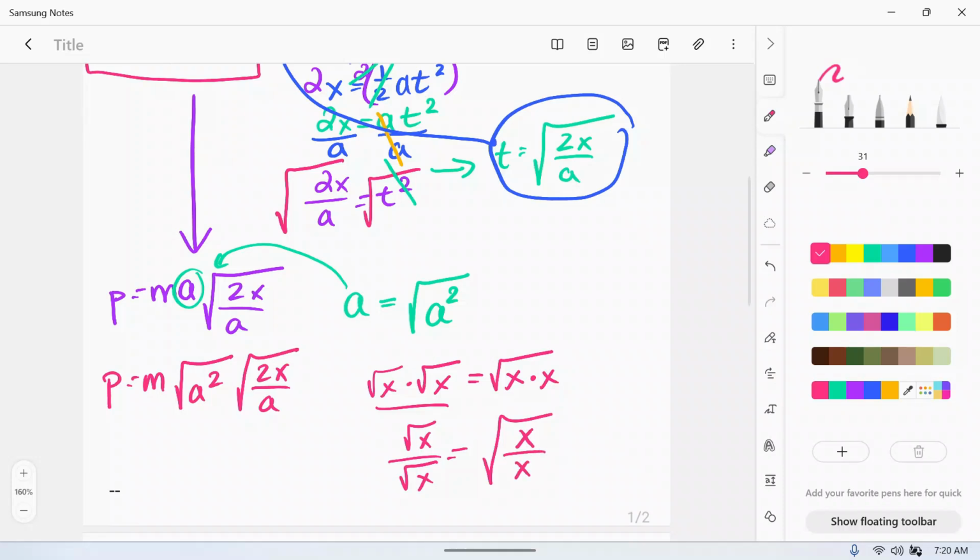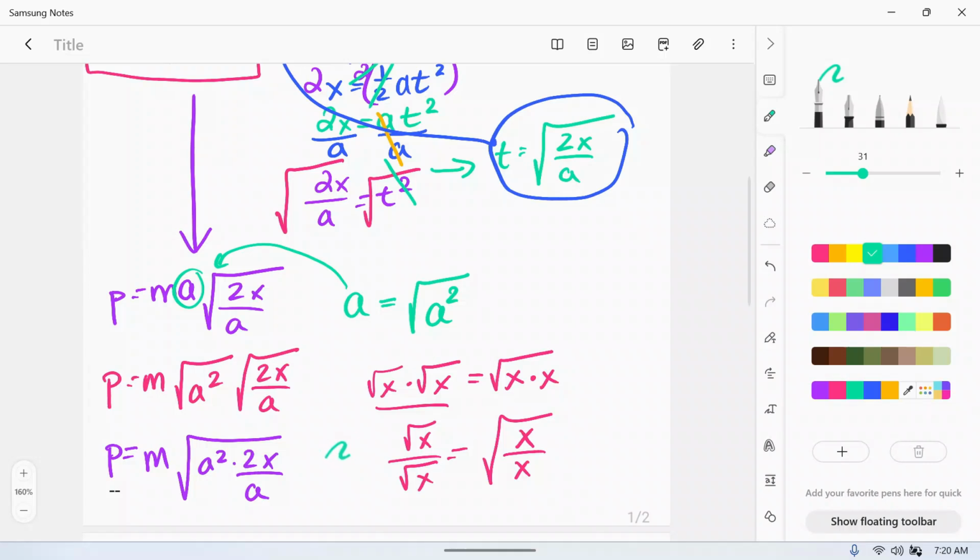So I'm going to use that property of square roots, and I can rewrite this as P is equal to M times the square root of A squared times 2x over A. Now, how does that help? Because when I'm simplifying, if I have an A squared on top and an A on the bottom, one of those A's is going to cancel.